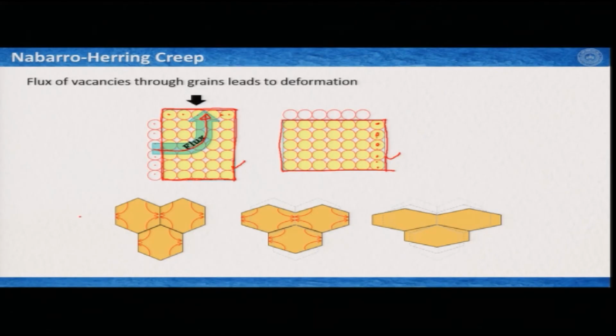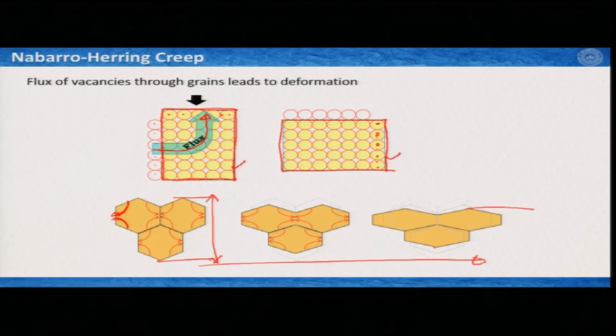Here is somewhat the same example we have shown with 3 grains. This is how the atoms are moving from here to here, with vacancies on the opposite side, and therefore you continuously strain the grain. You can see that if I consider this the initial distance, then here is the final distance or final height.